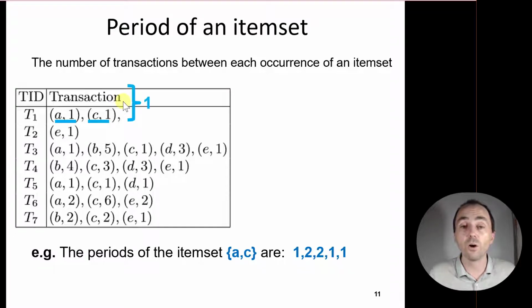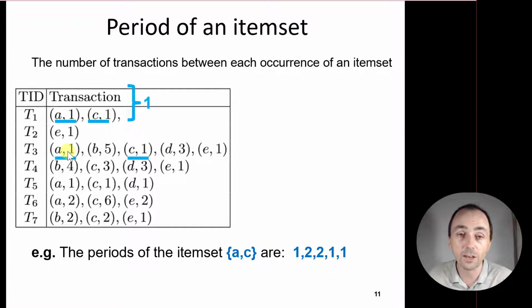So we say 1. This is the time between the last time AC appeared and now, counted in number of transactions. Maybe it appeared before at T0, and plus 1 at T1 we have AC. So we put a 1 here. Now we continue, and you will see how it works.